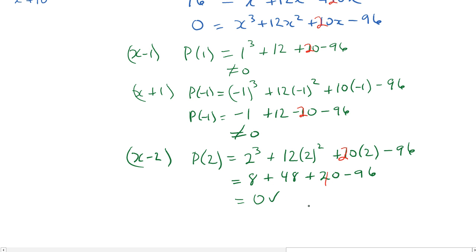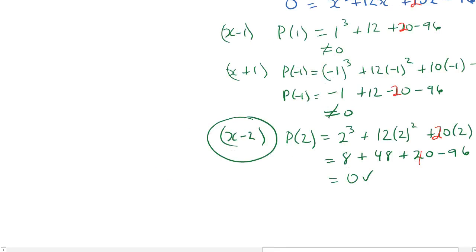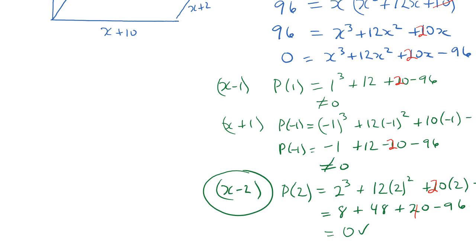Yay! I got one. So in other words, x minus 2 is my first factor. Now let's use some synthetic division, and I'll take my original polynomial. So I had 1, 12, 20, and minus 96.